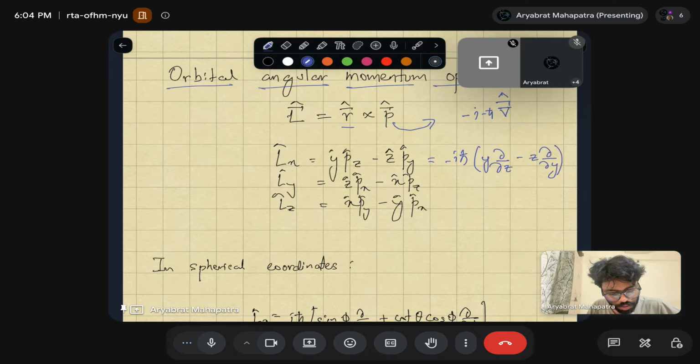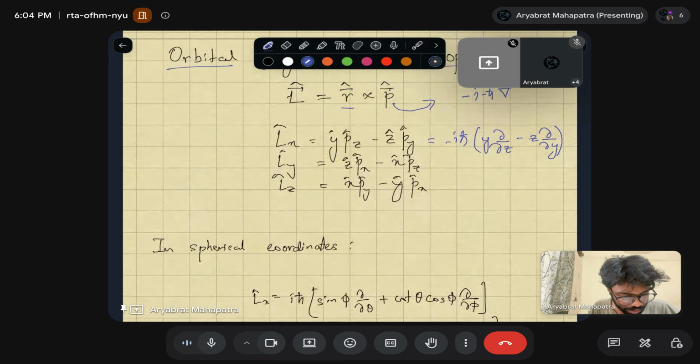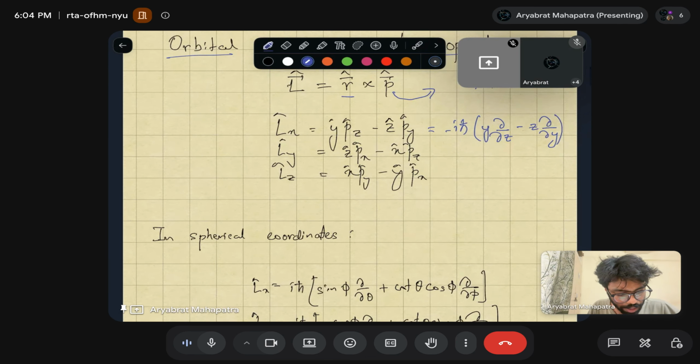So this is how you can write it in quantum mechanics. So this is your Lx, Ly, and Lz.